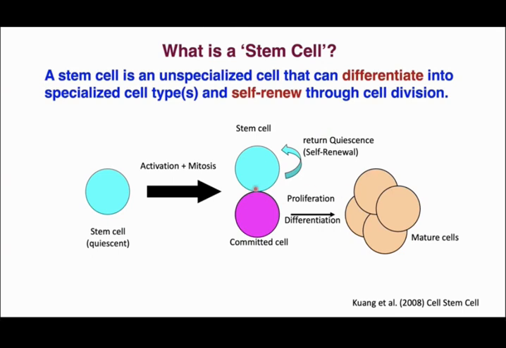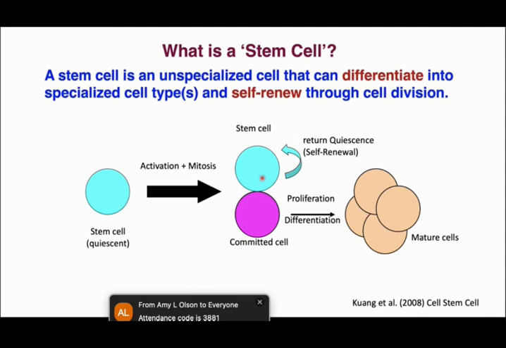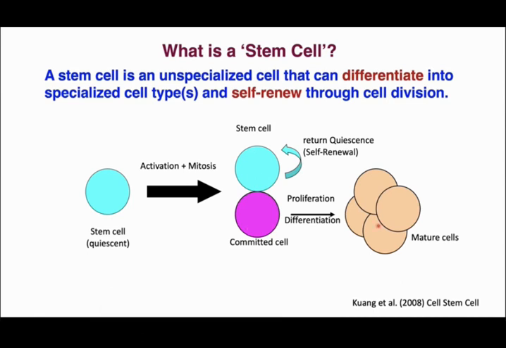Okay, the same division can generate a differentiating cell and a self-renewing cell. As you think about this situation, you often associate these two different cell fates. We give this a specific name, the asymmetric cell division. So when the cell divides asymmetrically, it gives rise to two daughter cells of different fate.